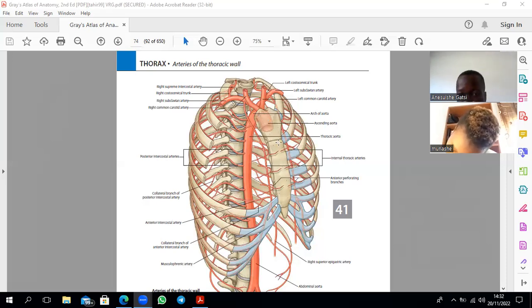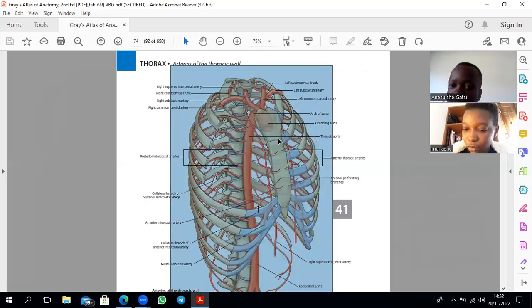So the ascending aorta is only giving us the coronary arteries. Then from the ascending aorta, we have the arch of the aorta. This diagram is not so correct, but the arch starts here. What do you call this landmark?